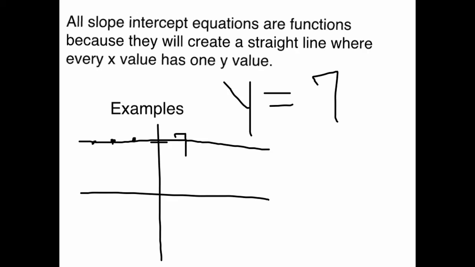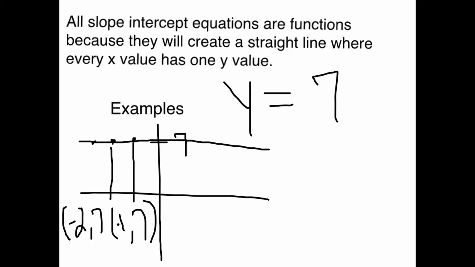So if I had, say, this line was negative 1 and 7, and this next coordinate would be negative 2 and 7, the y value might stay the same, but for every x value, there is only one y value. So anytime you see y equals a number, it's always a function. Let's do another example.